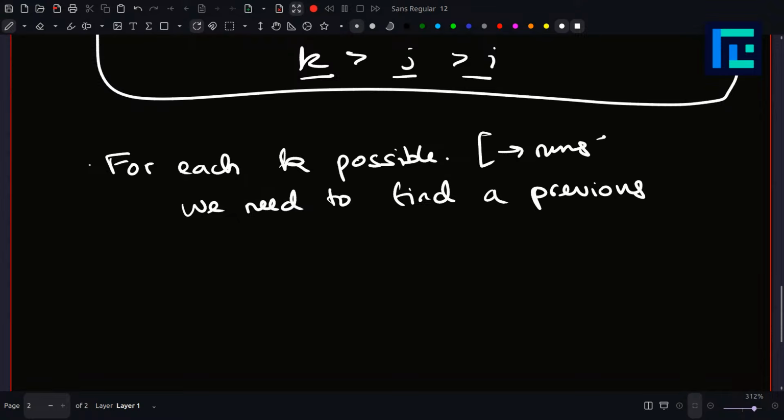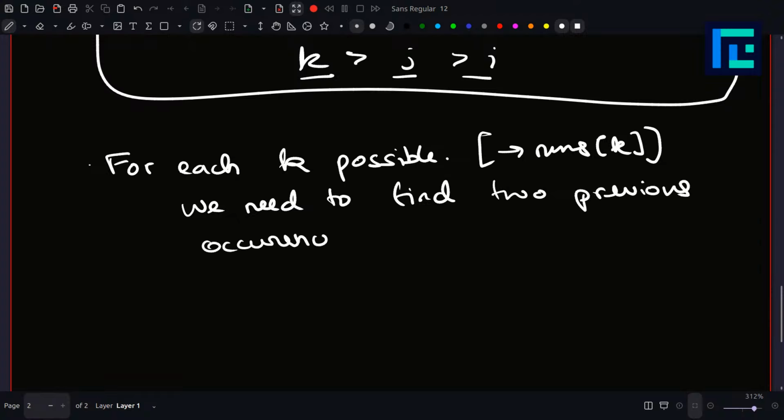The value at k will be nums of k. So we need to find two previous occurrences of the same value, of nums k.